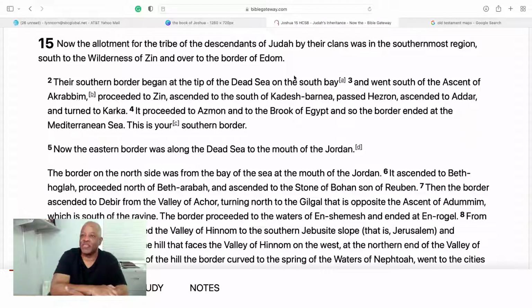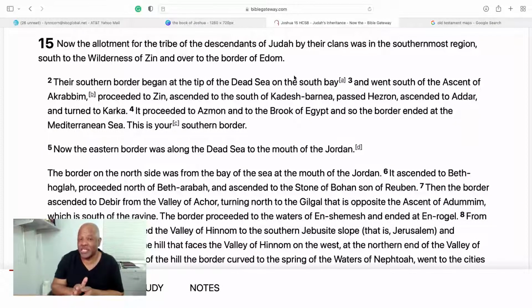And now look at verse 2. "The southern border began at the tip of the Dead Sea on the south bank." So we kind of got a picture of that. Now, I'm not going to go through all of these detailed outlinings of the region of Judea. One note is that later the region of Judah will be known as the region of Judea.